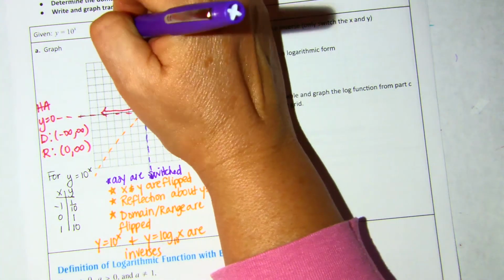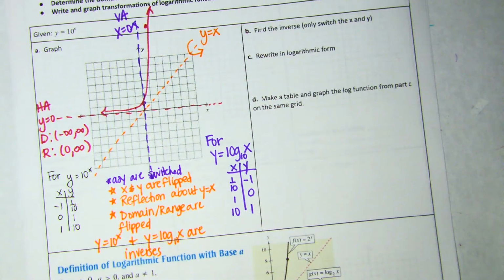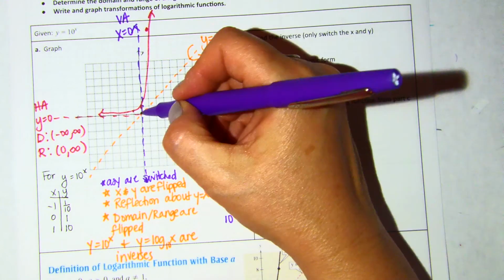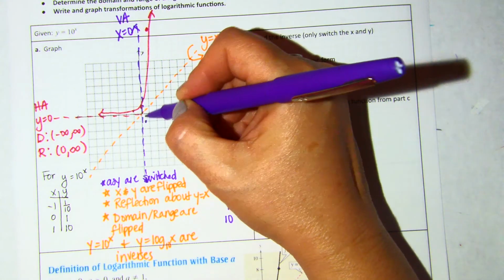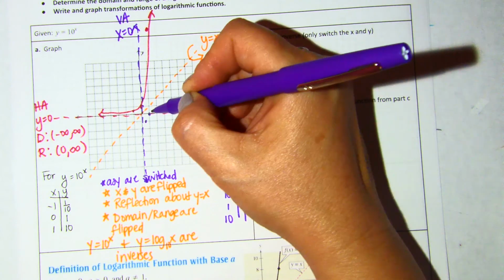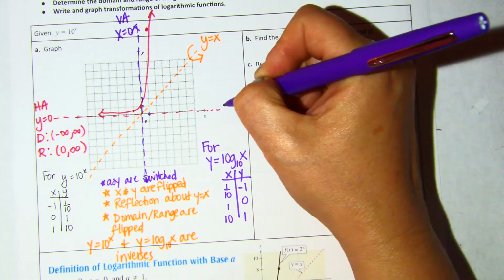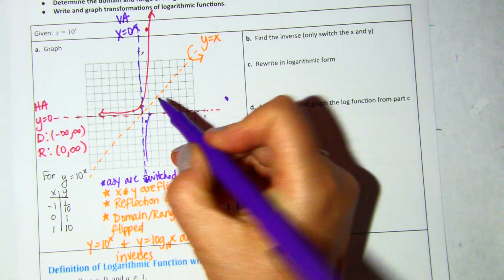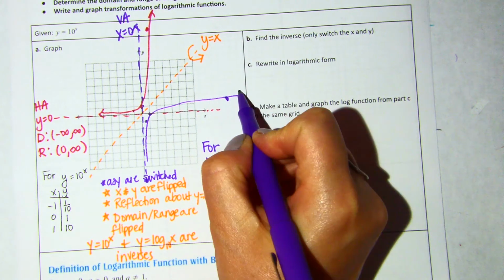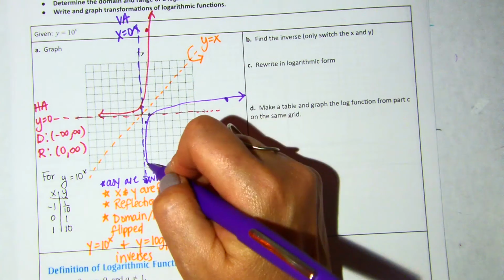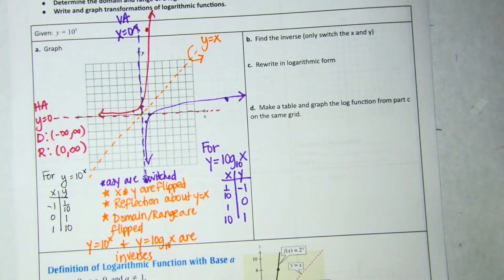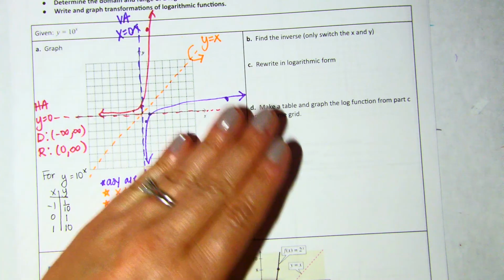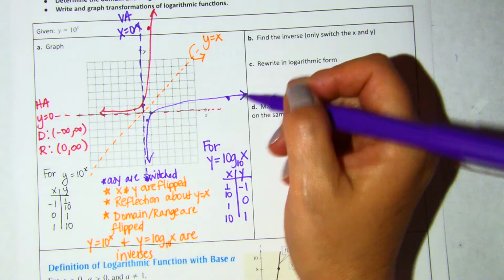So this has a vertical asymptote of x equals 0. Instead of y equals 0, it's x equals 0. So we have x 1/10, -1, 1, 0, and then 10, 1, so somewhere way out here. My graph is not that beautiful, but you get the idea. There it is, and it looks like a reflection, so we did that right.